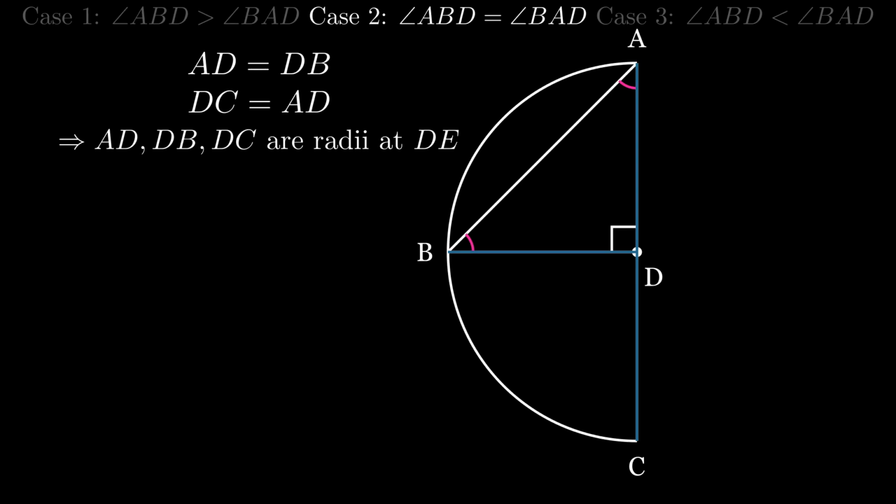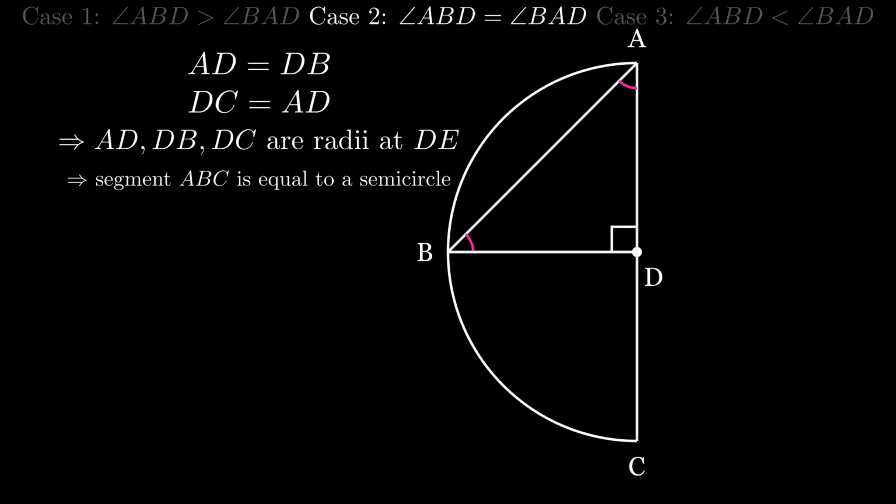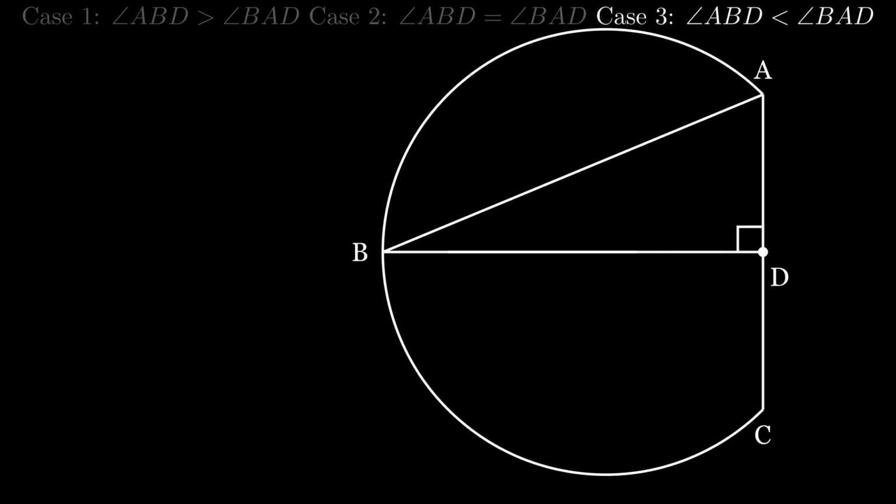Therefore, these lines are radii of the circle with center D and radius AD. Since the center of the circle D is on AC, the base of the segment, we know the segment is a semicircle.